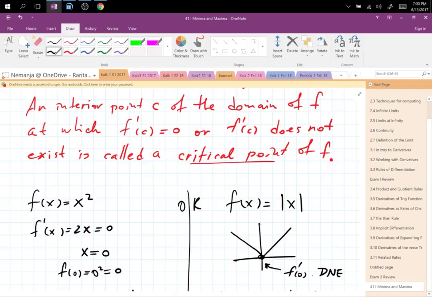So let's take a look at some more interesting examples from homework. Locating critical points. I would like to see something spicier here.